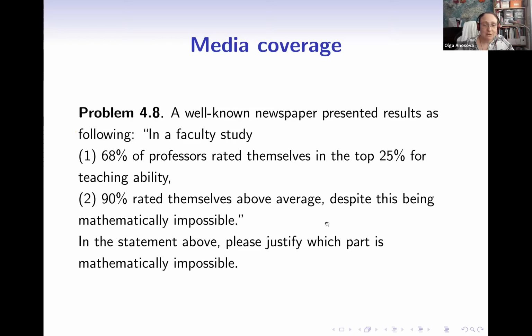But now let's try to apply some critical evaluation of this particular media coverage. In the statements above, which part is mathematically impossible? For example, the first part, is it mathematically impossible? And if it is, why?